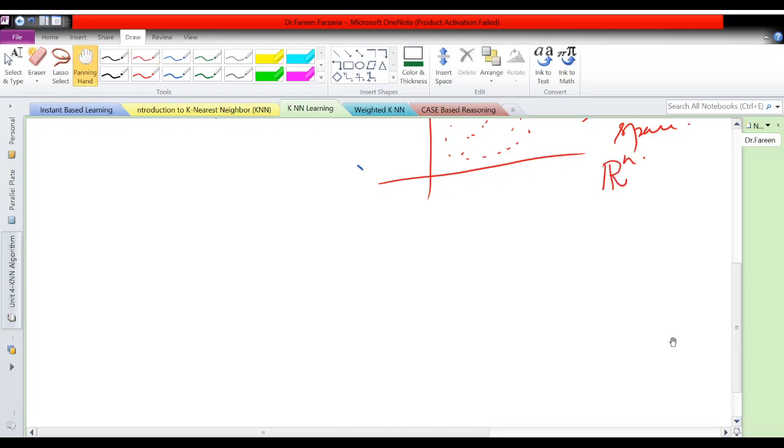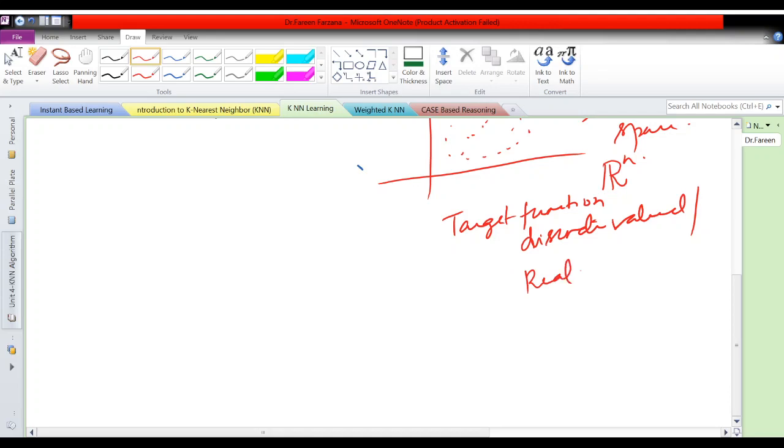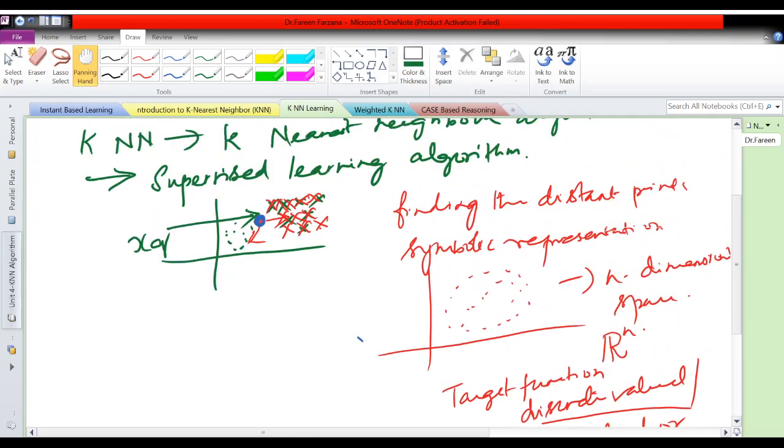The target function can be discrete valued or real valued or continuous valued. In this case we are going to take our target function as a discrete valued function.